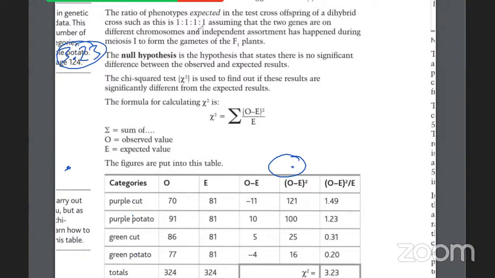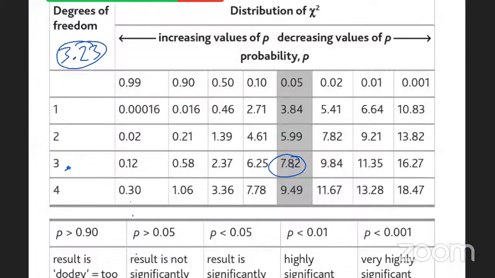So this 7.82 is our critical value. You compare your chi-squared value that you calculated to the critical value. Once it is less, you accept the null hypothesis.